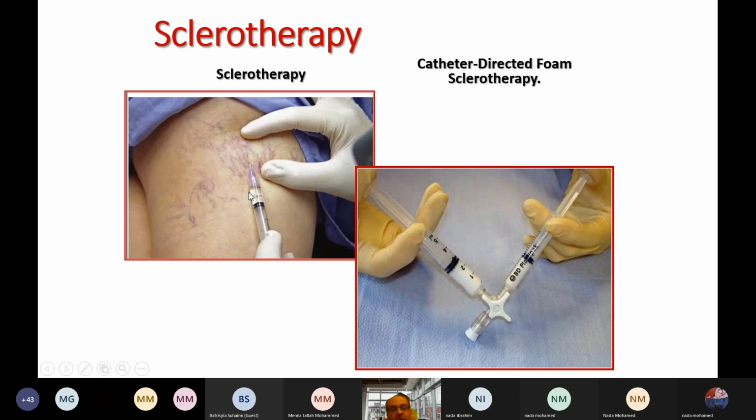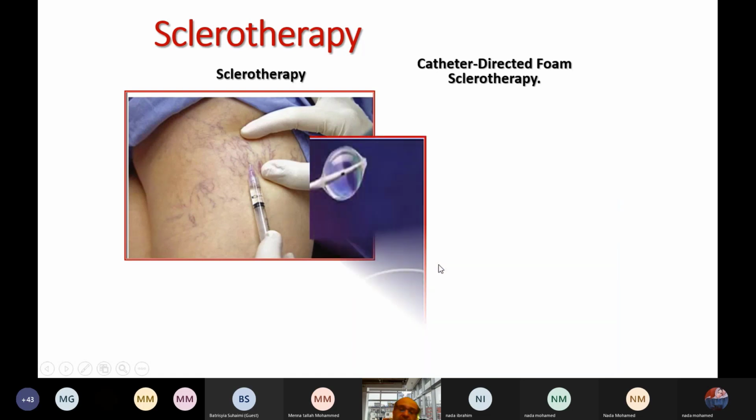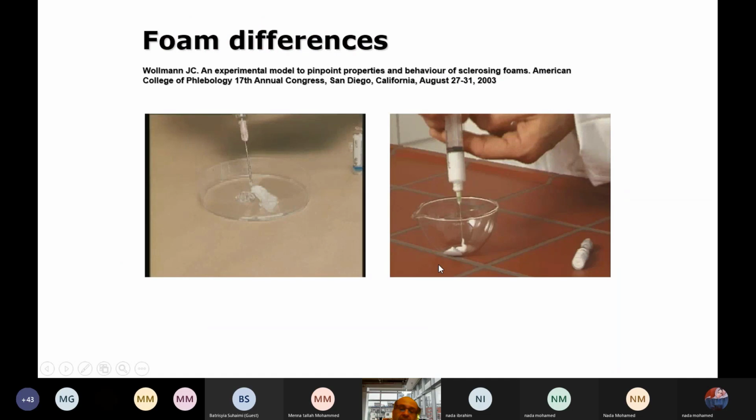So this clear fluid, if it is shaken with air, will cause bubbles, resulting in something like cappuccino foam. The value of this foam is that you increase the volume of the injecting material, and you can see this foam is stable.